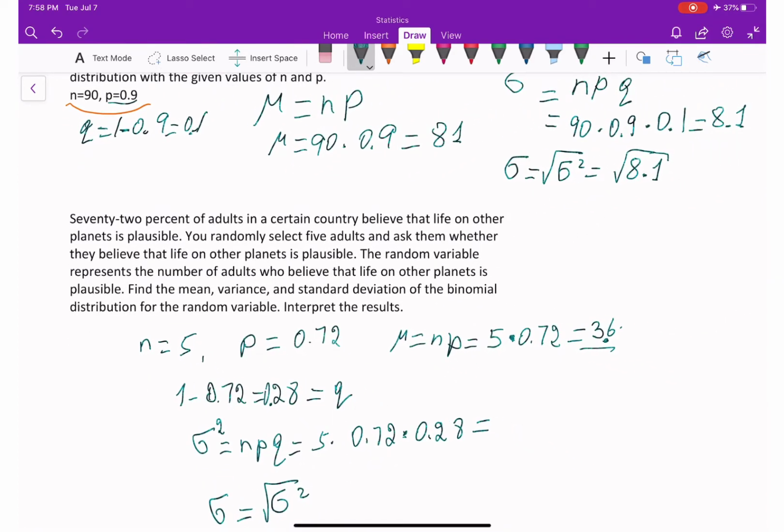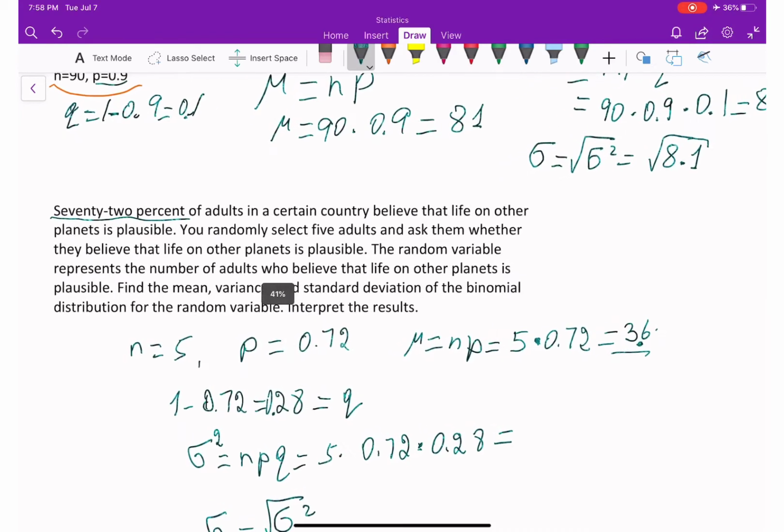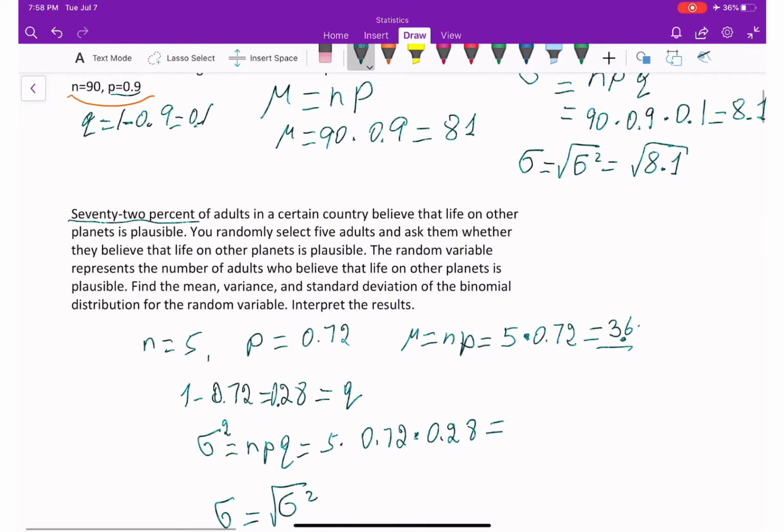72%, so let me mark down, 72% of adults in a certain country believe that life on other planet is plausible. You randomly select 5 adults, so 5 adults, this is going to be our sample size, and ask them whether they believe that life on the other planet is plausible.